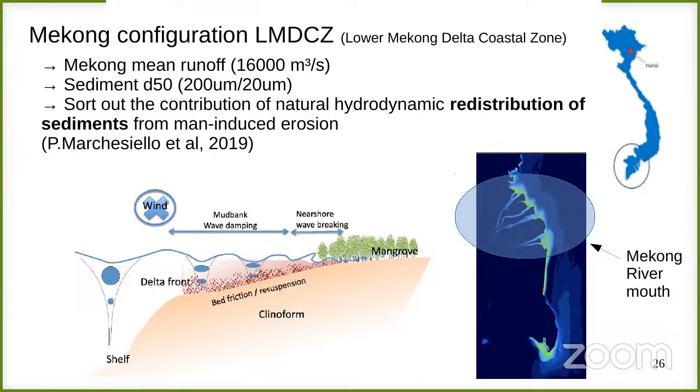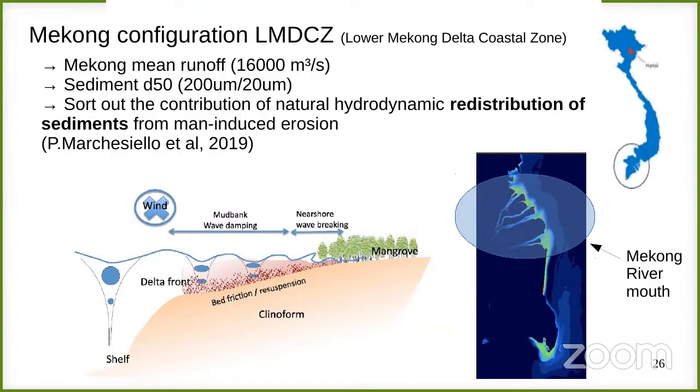In the configuration designed by Patrick Marchesiello, he uses different kinds of grain size. You have 200 micrometers, but also 20 micrometers, which is more silt or mud.